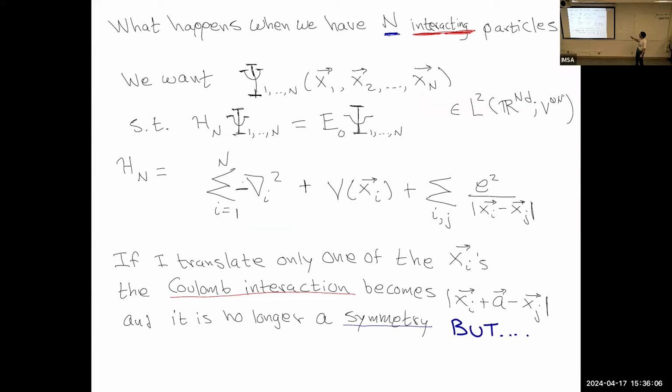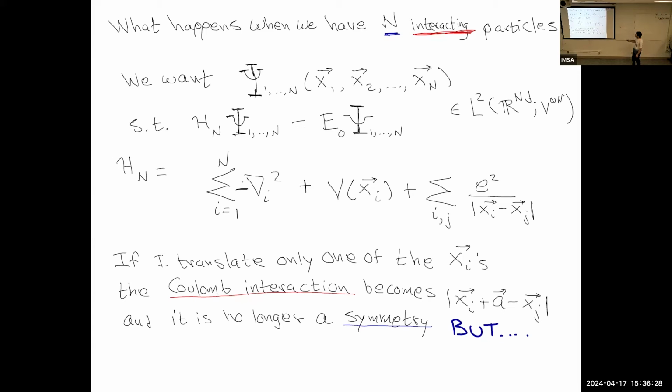So what happens when we have n interacting particles? Now I have a many-body wave function, and it depends on the coordinate of each of the n particles, and it lives in this Hilbert space, which is just the tensor product of the single particle Hilbert spaces. This is another way of writing it. Let me now suppose that my Hamiltonian is of this form.